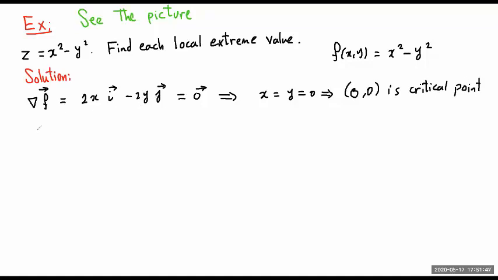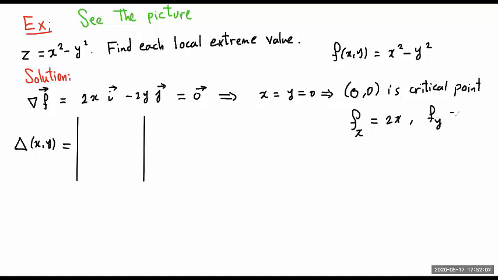Now let's calculate delta at this point, at (x, y). Delta is given by the determinant. I have f_x, which is 2x, and f_y, which is minus 2y. Let's calculate f_xx, it's 2, so let's write 2 here. What is f_yy? It's minus 2, so let's write minus 2 here.